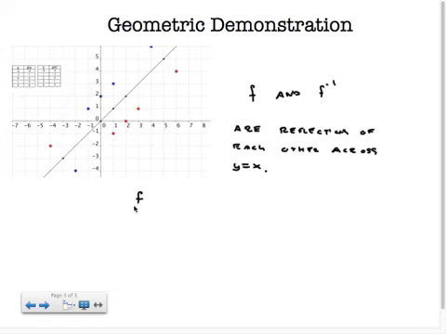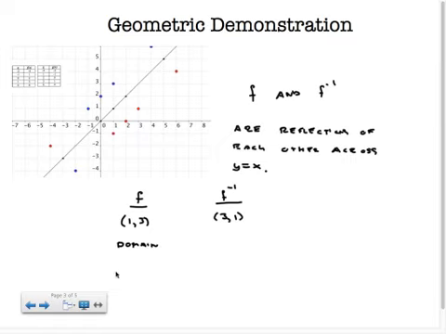So we know that if (1, 3) is on the graph of f, then (3, 1) has to be on the graph of f inverse. One thing that's also true, so what we're seeing here is the x's and the y's flip.